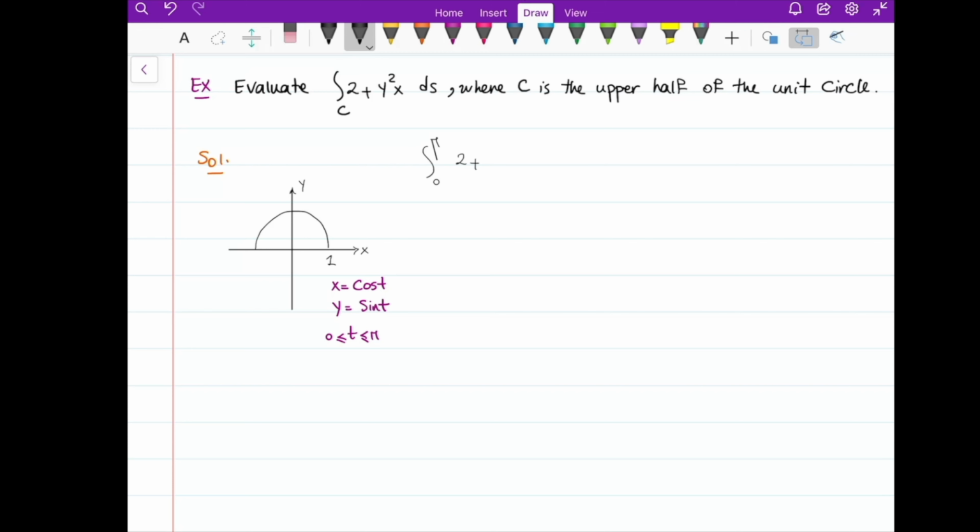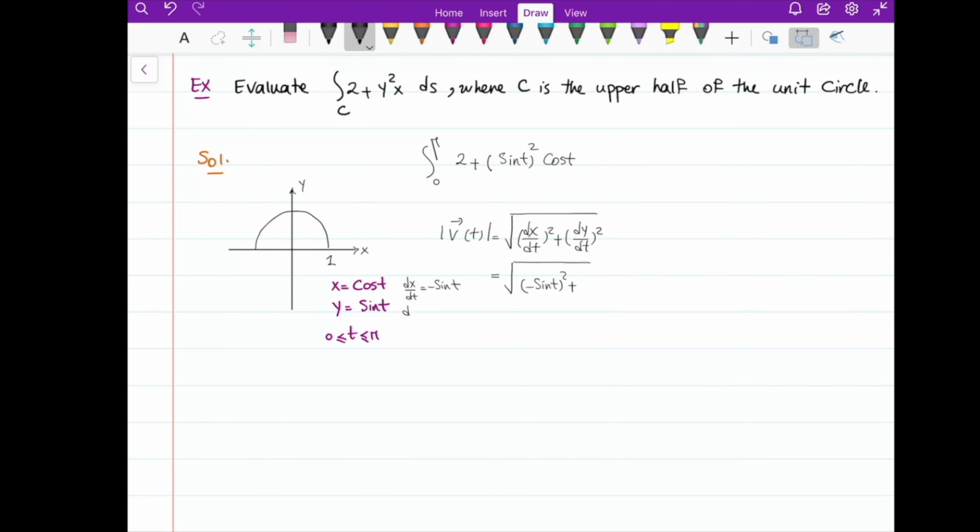So I get 2 plus y, which is sine t, squared, and then x is cosine t. And then for ds, I need to use the formula for speed. Okay, so the speed is what? Let me remind you the formula: the square root of (dx/dt) squared plus (dy/dt) squared. So dx/dt would be negative sine t, so negative sine t squared.